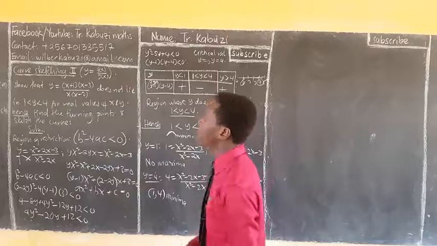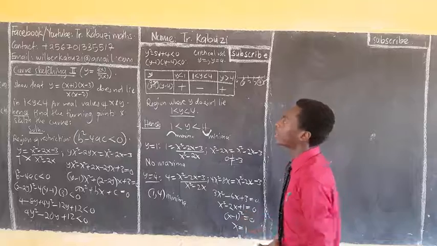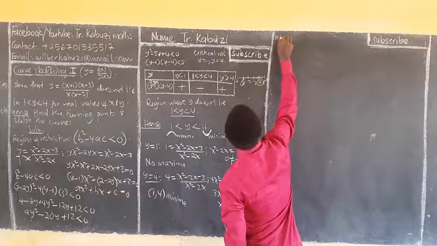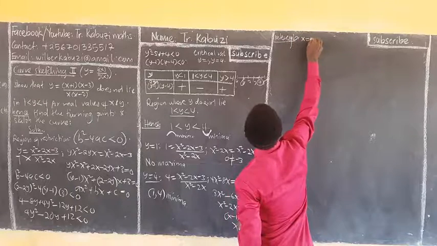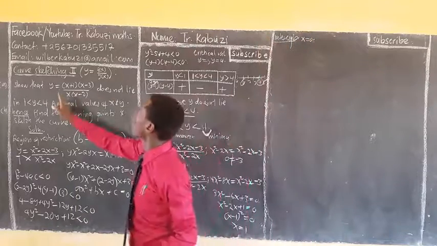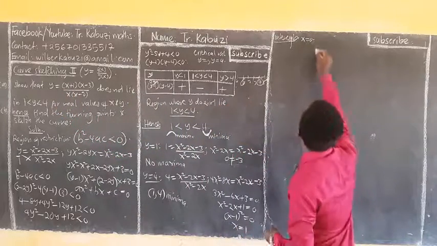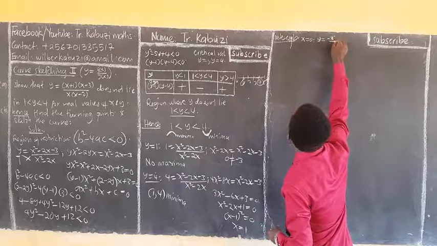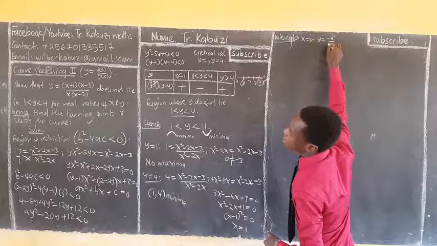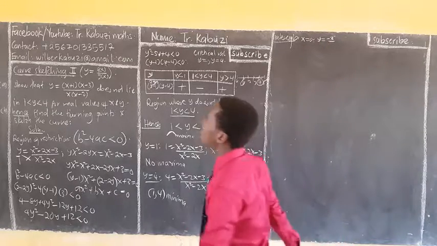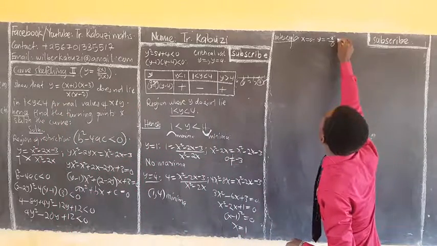Now, to sketch the curve, of course, you need the intercepts. That one is not asked, but of course, to sketch you need the intercepts. So you come and say my intercepts. When x is 0, we have negative 3 up, and down we have 0, so this will give us an infinity.